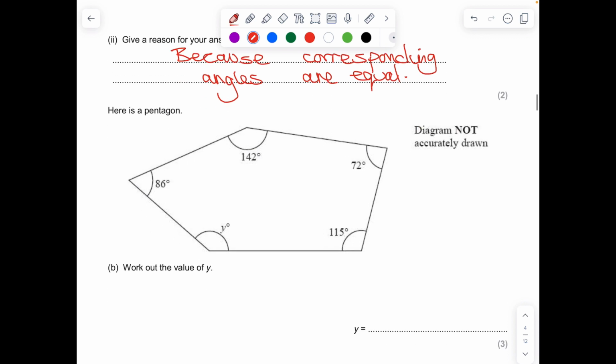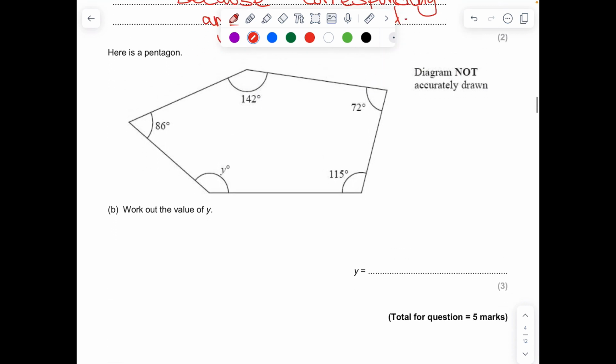Okay, now this next one. So you either memorize that the angles in a pentagon add up to 540, and to be fair, we did this before the exam, those of you who were listening, or you can remember that it is always the number of sides take away 2, so 5 take away 2, and then times by 180, so 3 times 180, which gives you 540.